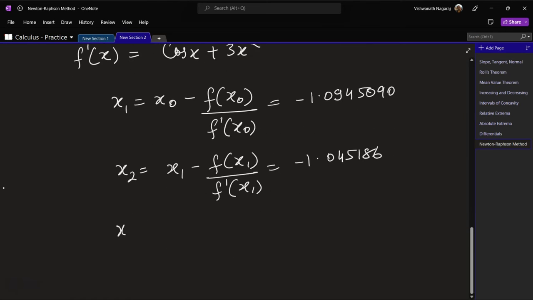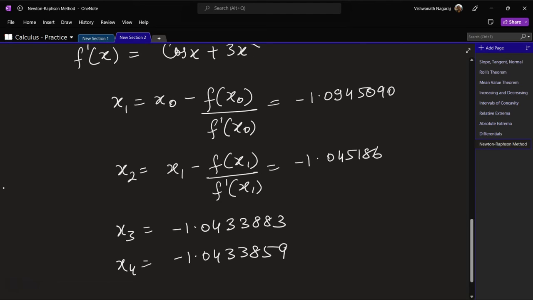And similarly, if we go through this again, we will get x3 equal to minus 1.04338883, and x4 will give us minus 1.04338859.